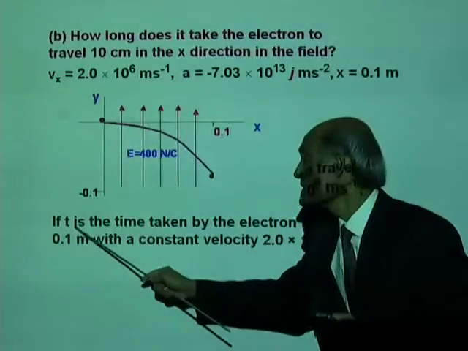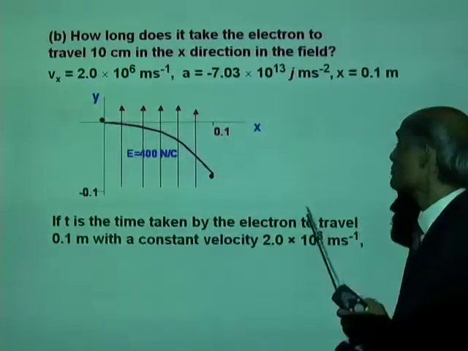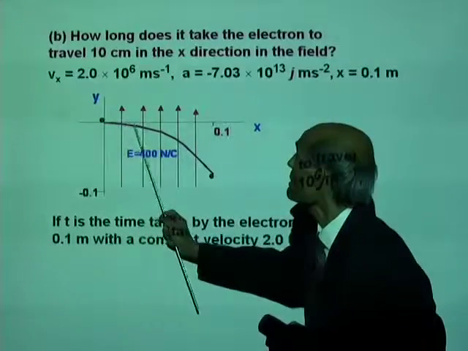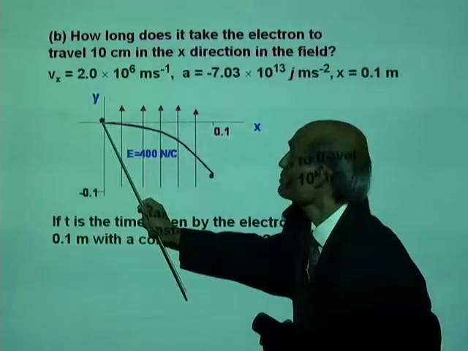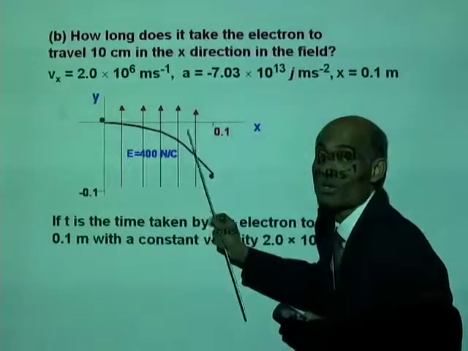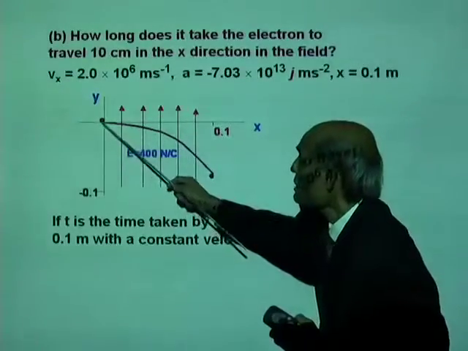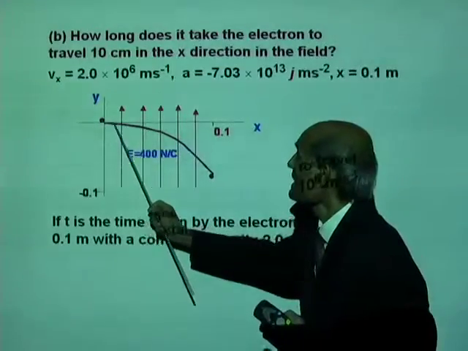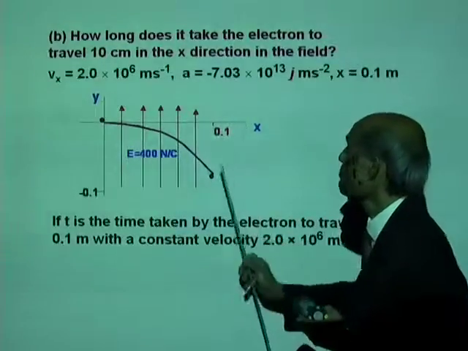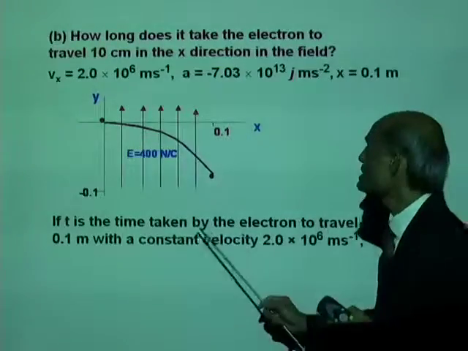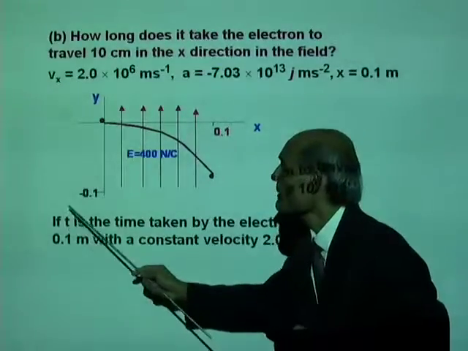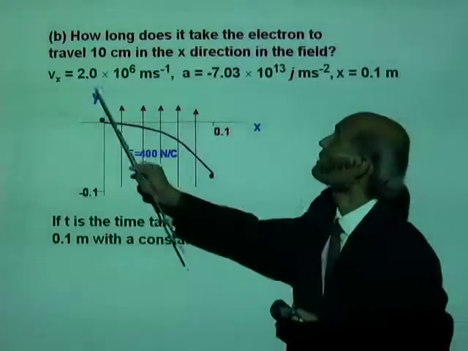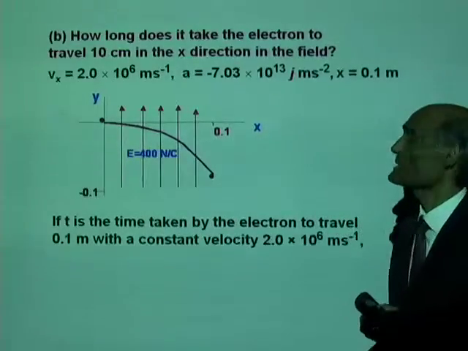That means if t is the time taken by the electron to travel 0.1 meter, from the origin x equal to 0 to x equal to 0.1, the electron is going to travel like this. It travels the distance x equal to 0.1 in a time t, and it has a constant velocity of 2 times 10 to the 6th meter per second.